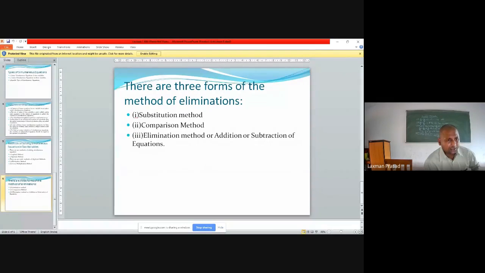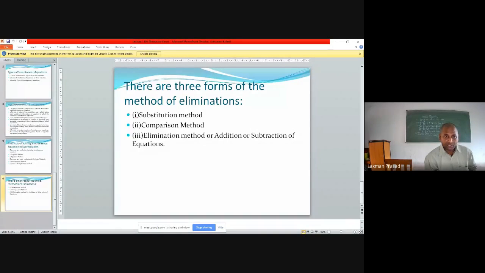Suppose there is an example: 2x plus y equals 8. This is the first equation, 2x plus y equals 8.